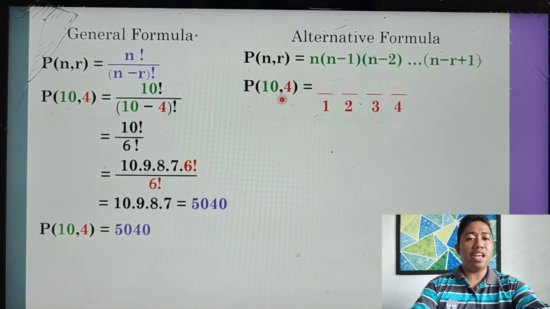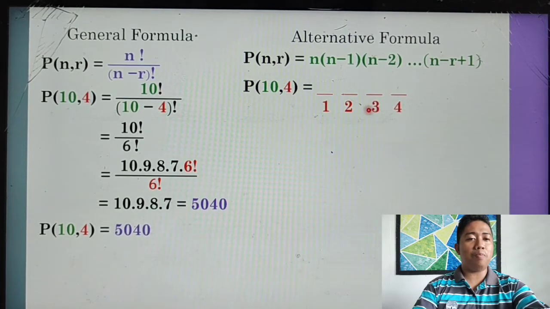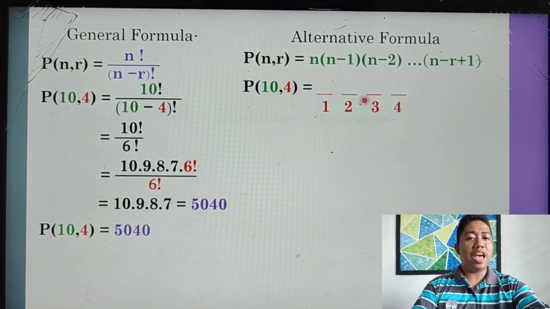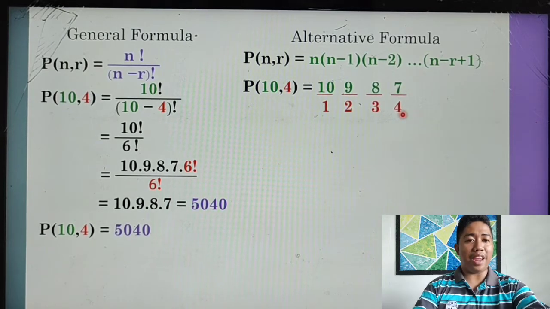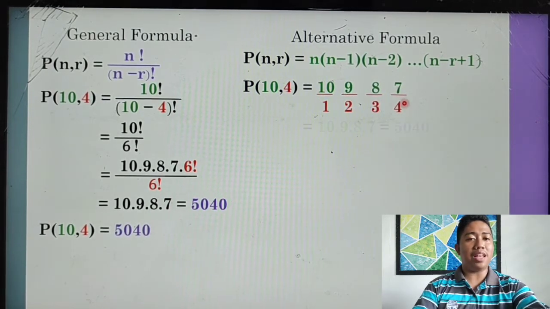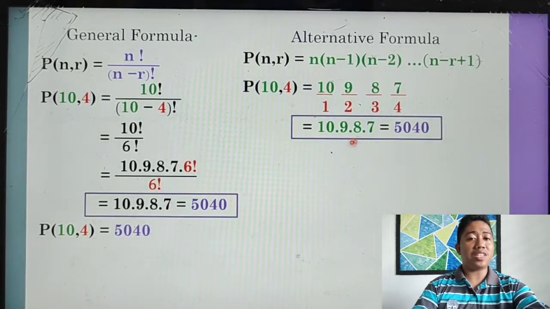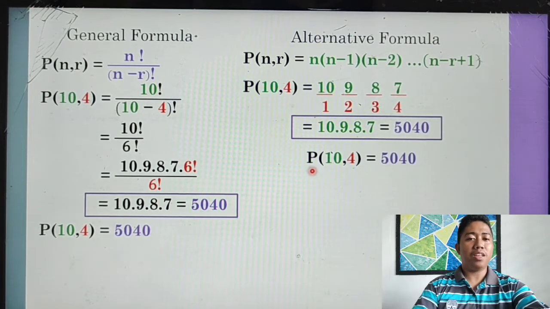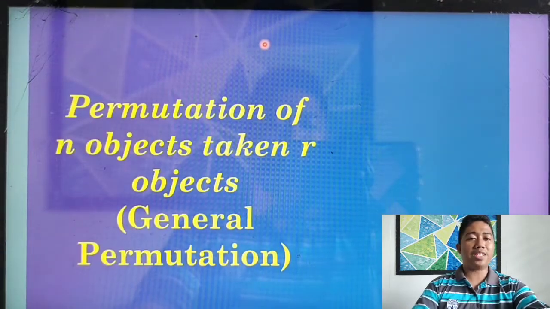The value of r is 4, so we have 4 blank spaces, and we put the factors starting from 10 until the lowest number in the last blank space. From 10 times 9 times 8 times 7, we get the same value, 5,040. So the results are the same, and either of these two methods arrives at the same answer. Let's move on to our next slide.